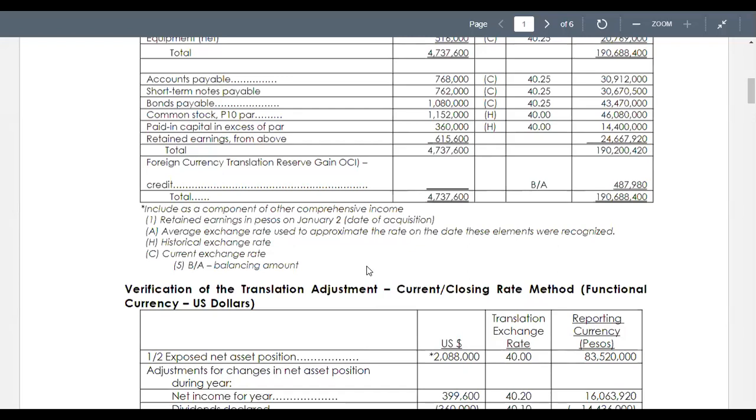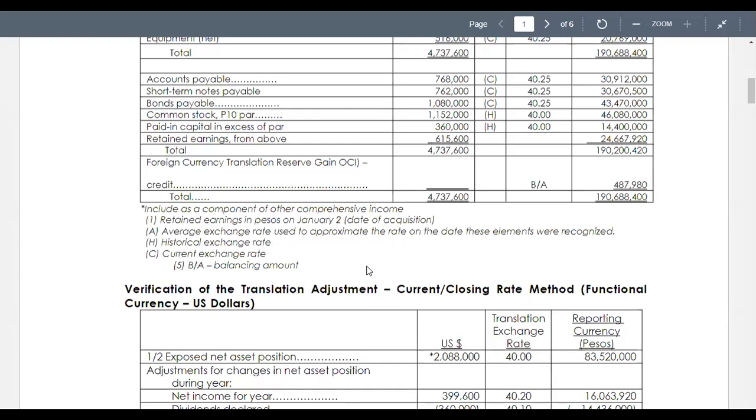Let's begin with accounts receivable: under the current method, current. It's a monetary asset. Remeasurement, current. Prepaid assets: current under the current method, historical under remeasurement, because this item is non-monetary. Accounts payable: current, current. Common stock: both historical.